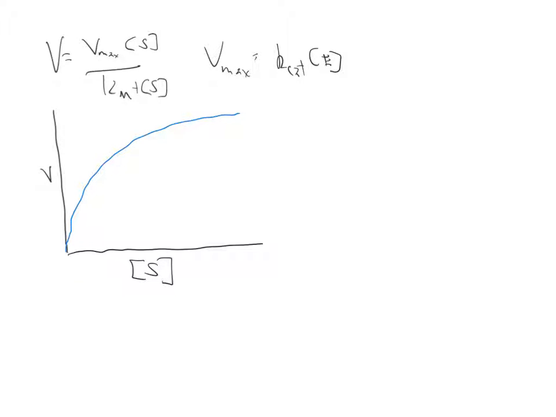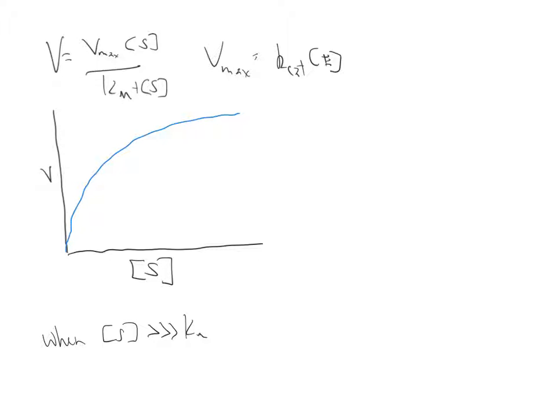Something like that. Okay. And when we last left off, we were talking about the limits, like what happens whenever S gets really, really, really large, then it simplifies. This is when S is really large, so it's much, much bigger than Km.